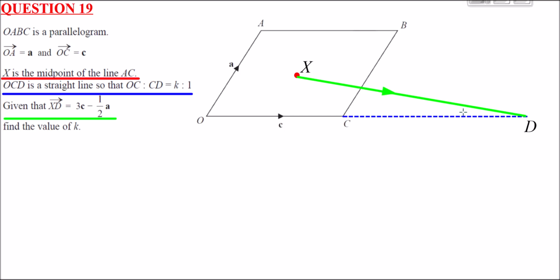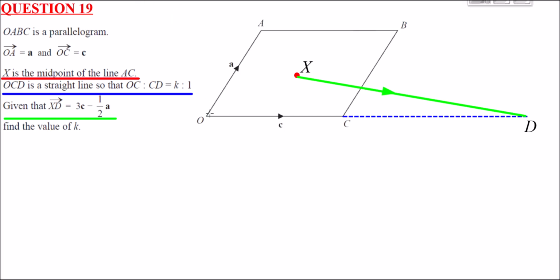So what we need to think about here is how we could get from O all the way to D. If we can work out the distance from O to D, we can then compare with O to C, get it into a ratio, and then work out what this k factor must be. But first of all, what I'm thinking of doing, to get from O to D, could we go via this point X?